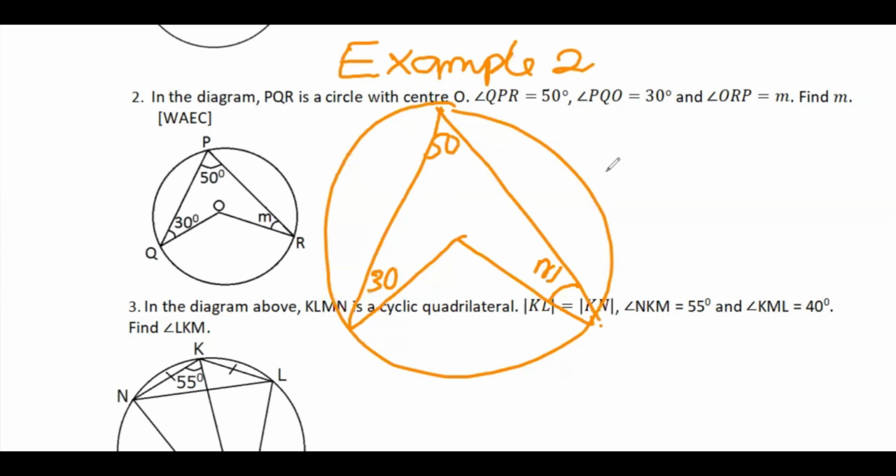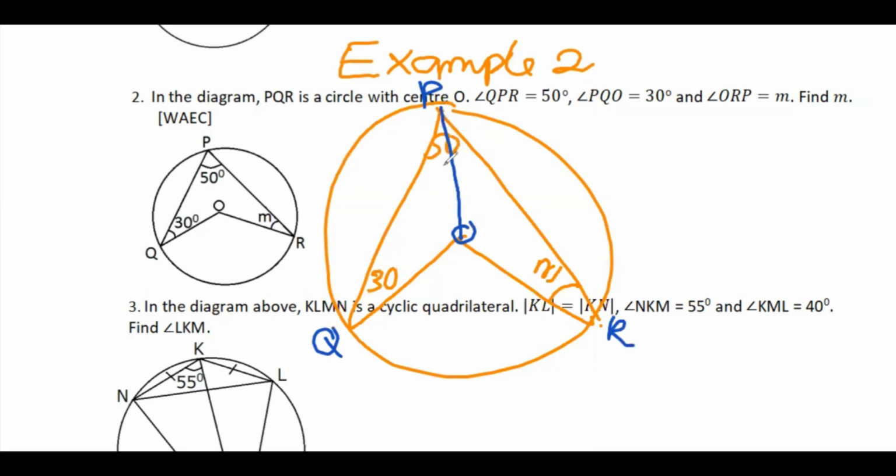So number one way is, since this place is the center of the circle, you can construct a line to join that place, so that we have, join line OP.